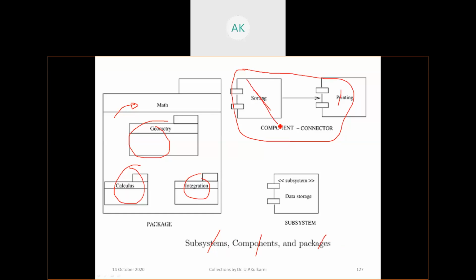This is nothing but a component. A component is a group of objects. And the subsystem is shown like this, packages are shown like this. This is the diagrammatic representation which you will be using as a part of your design document. Maybe there may be one more question: how do you represent a package, how do you represent a subsystem, how do you represent a component? Correct. Yes.